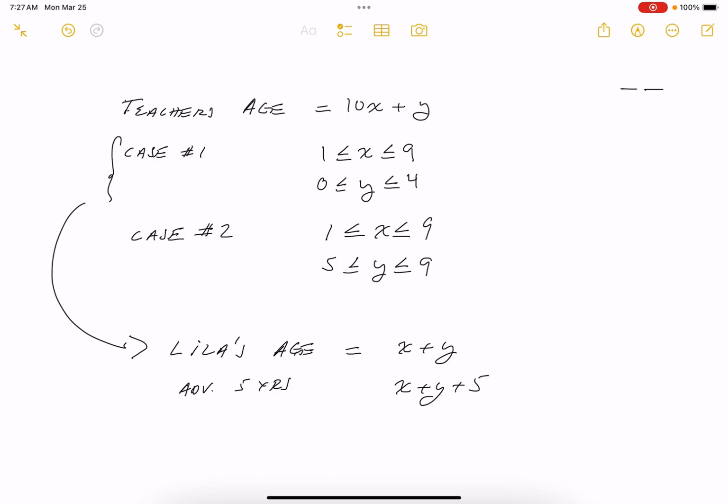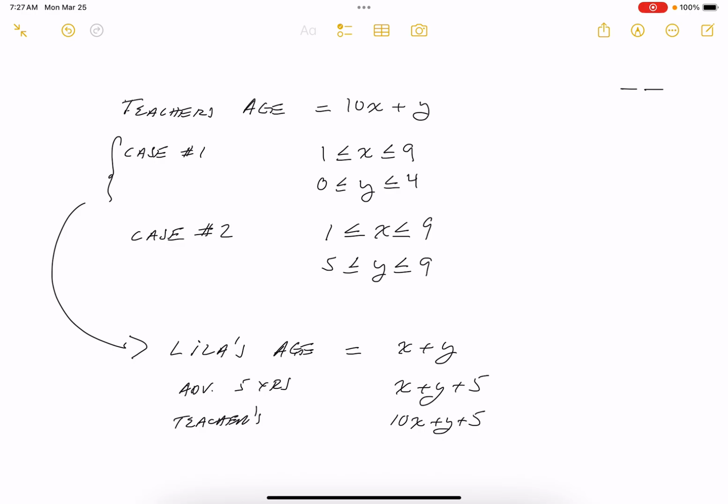It goes on to say in 5 years, Lila's age will be the product of the digits of her teacher's age at that time. So the teacher's age, advanced 5 years, would be 10x plus y plus 5. Now remember, y is between 0 and 4, so it's not advancing the tens digit.